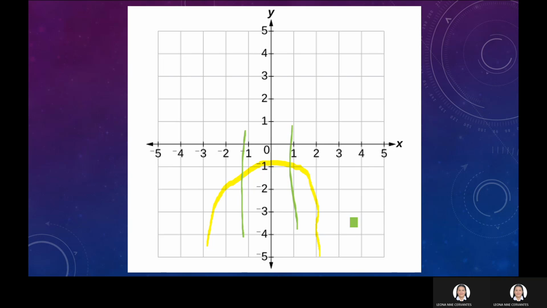Okay, so since the vertical line touches 1 point, then this is an example of function.